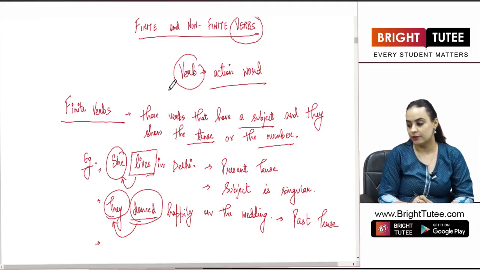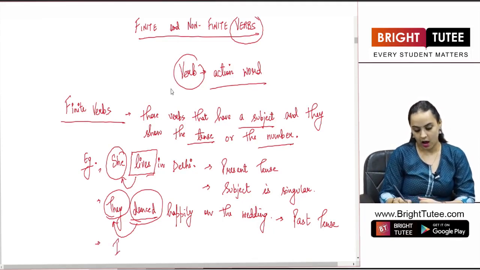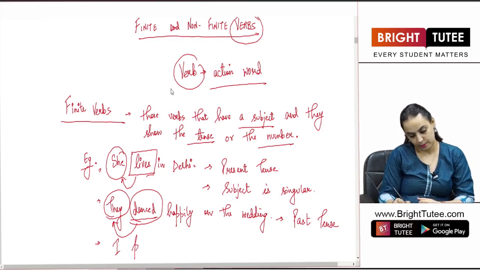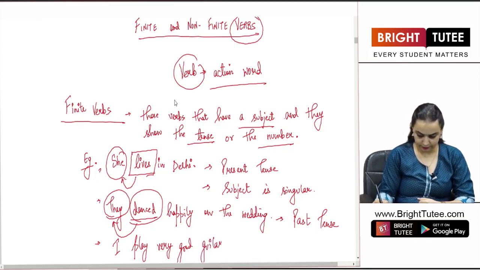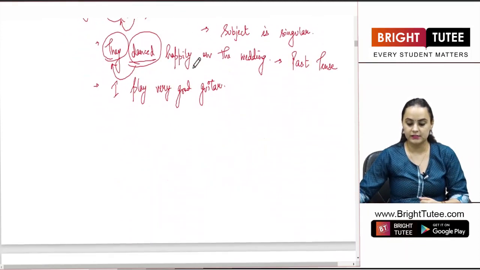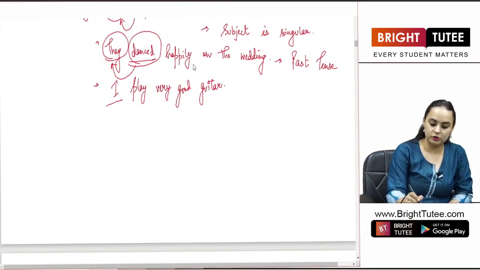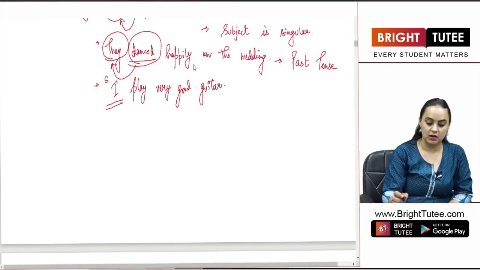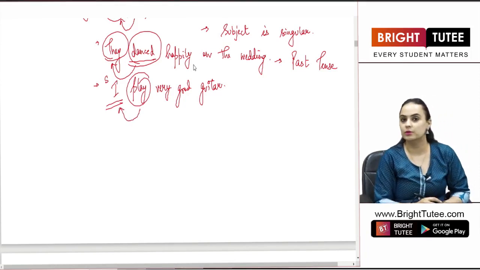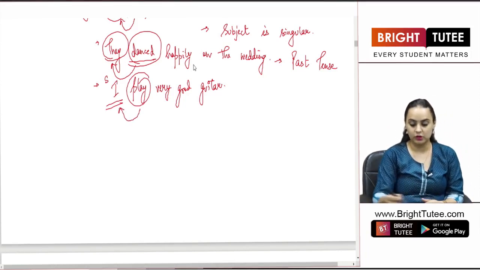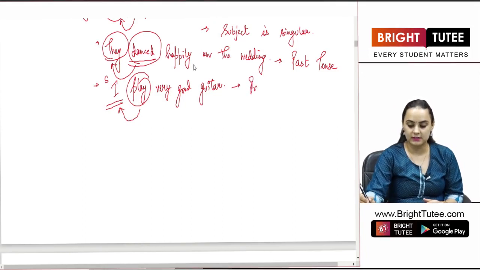If I give you another example: I play very good guitar. Who is the subject? I am the subject. What is the verb? Play. For whom have I used the verb play? For I, which is the subject. So I know that this sentence is written in the present tense.